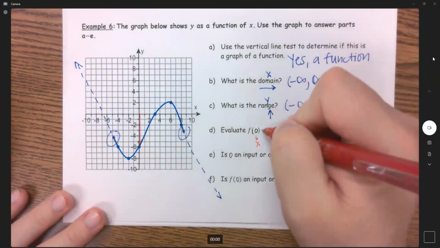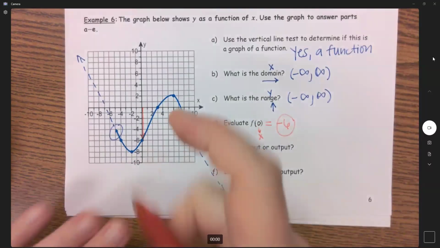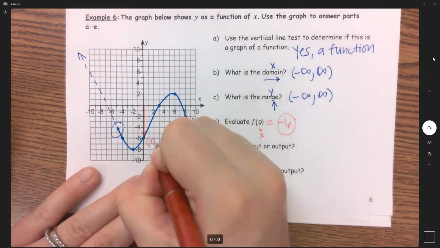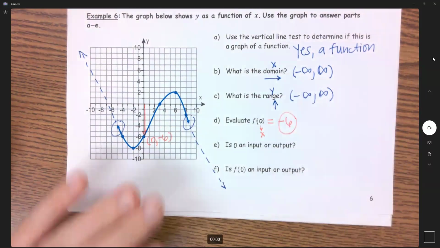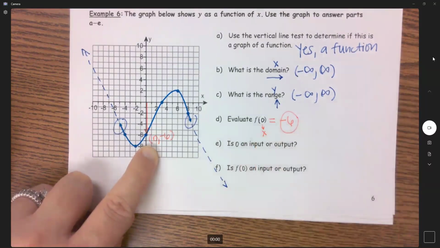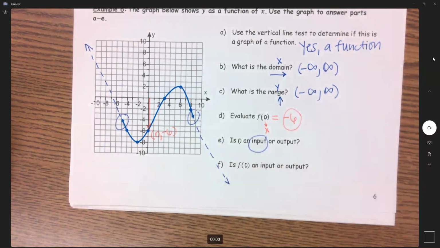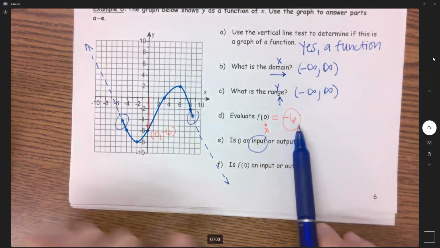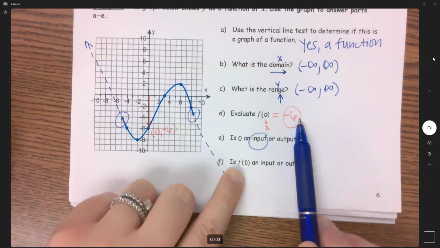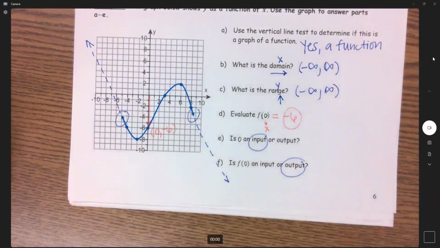It's right here at -6. Okay, because this ordered pair is 0, -6. So x is my input, which answers this one. 0 is your input. F of 0 equaled -6, which is my y. This is my output.